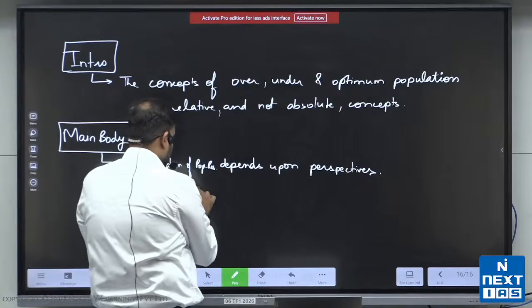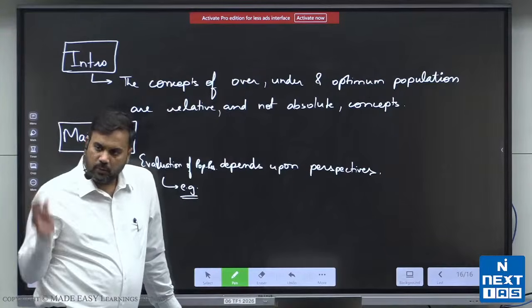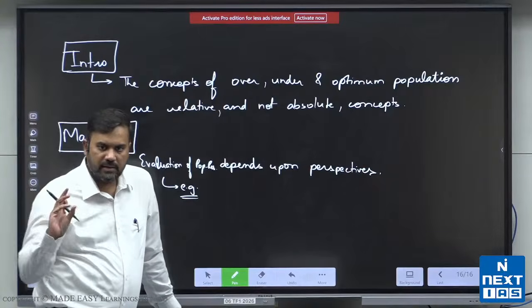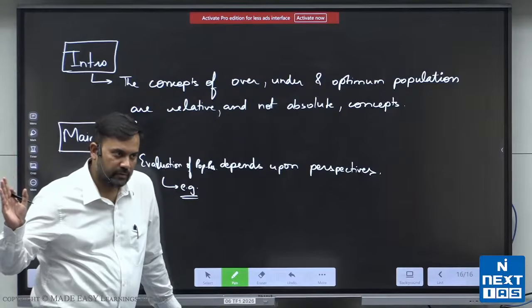For example, Malthusians understand these phenomena from a more ecological perspective.